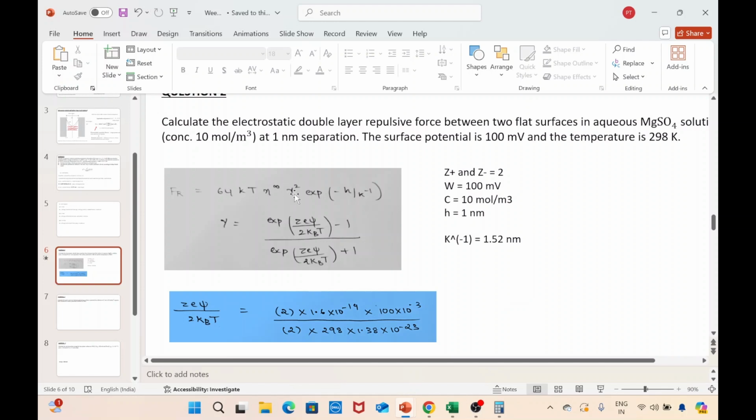Here the sigma you see will be sigma naught. Sorry, not omega, psi naught. So I have written this as sigma, but this psi is psi naught, and this sigma will be sigma naught.